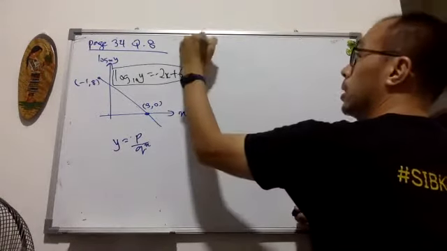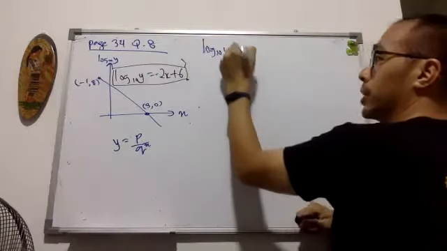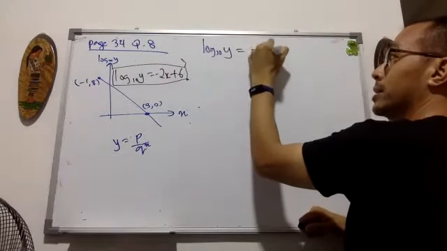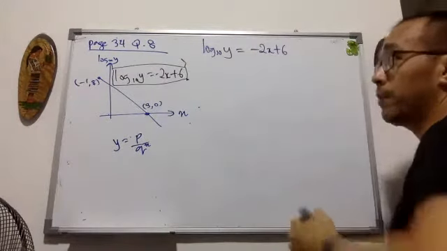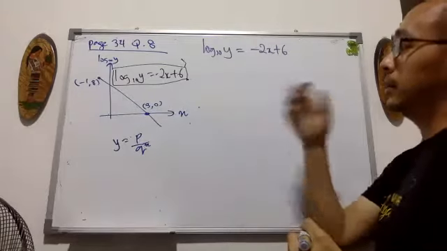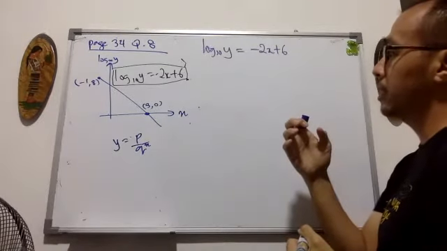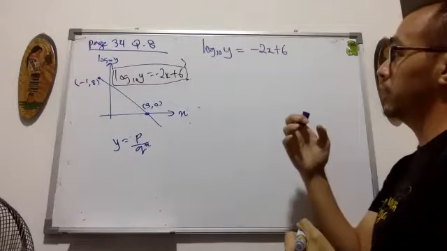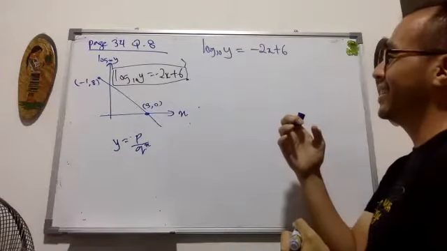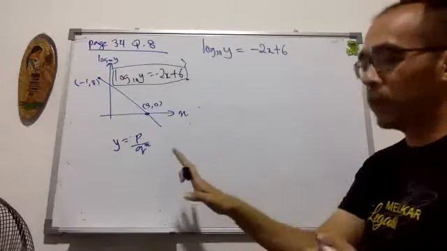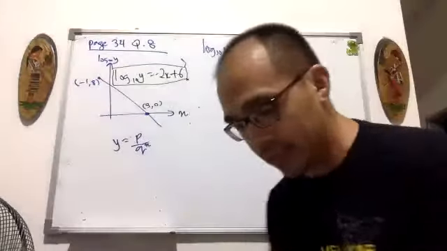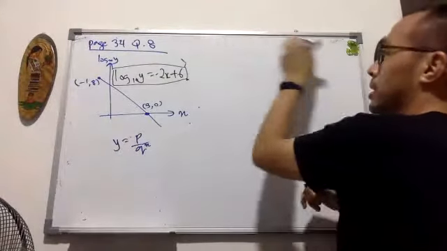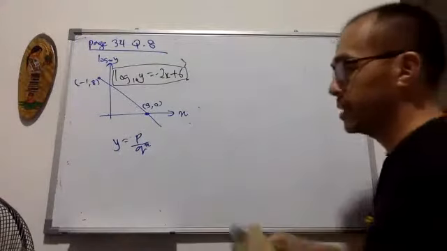So log y equals negative 2x plus 6. Hold on now, let me just, oh, okay, sorry, you know what, let me try from this side. I think this side may be a little bit easier.